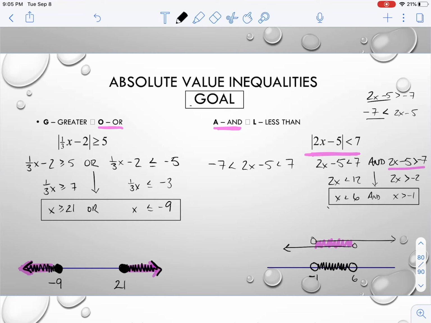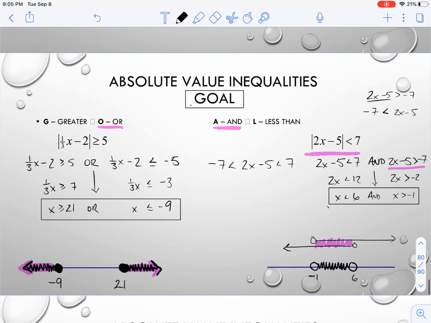So here I've got the left and the middle, and the middle and the right, all written as one piece. Why this is nice is that now when I go to solve the middle, whatever I do for one part, I do for all 3 parts. So if I add 5 to the middle, I'm going to have -2 is less than 2x is less than 12.